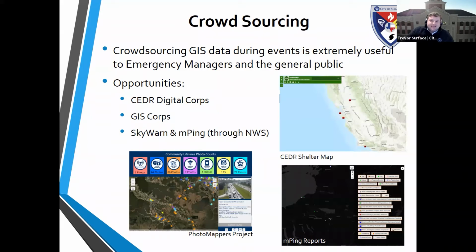They actually dispatch missions for individuals to join and help. And then Skywarn and mPING. So this is through the National Weather Service. You can get trained in it, or you could just submit weather reports, and this will provide kind of that real life experience weather information, and helps them issue watches and warnings based off that information.